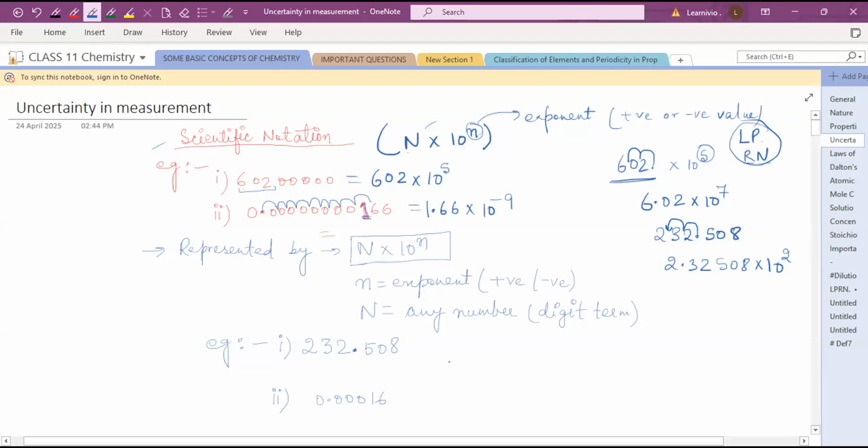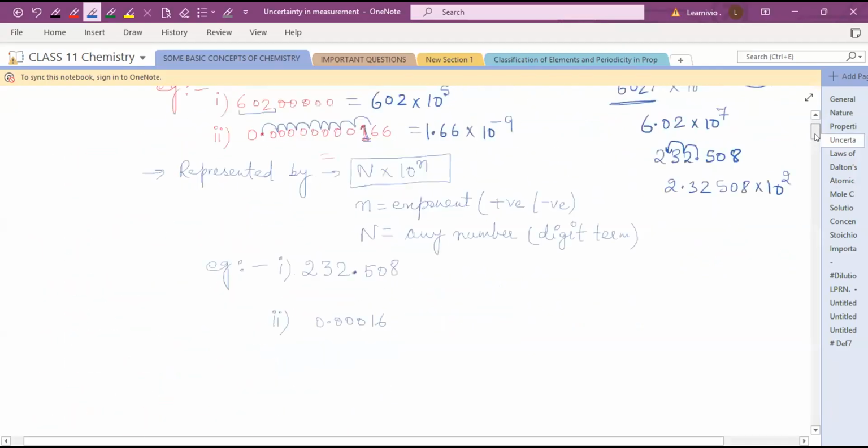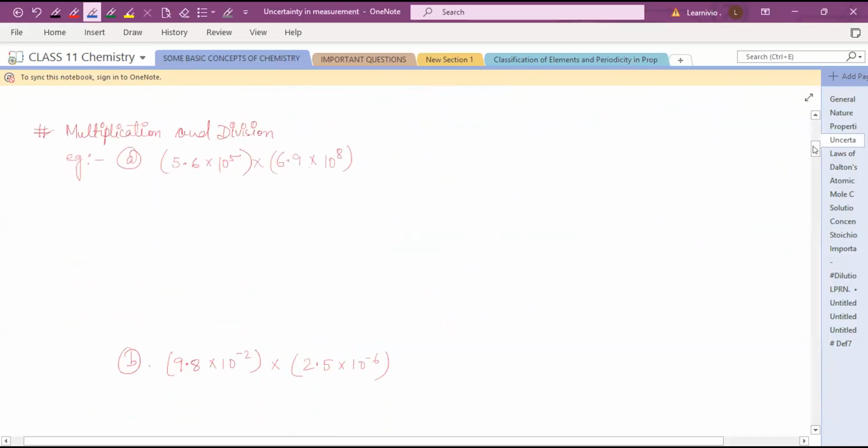Okay, now see, I've given you these examples. Just a second, let me scroll down. Yeah. Now here are some operations, right? Let's say the operation, like if we multiply or divide some scientific notations.